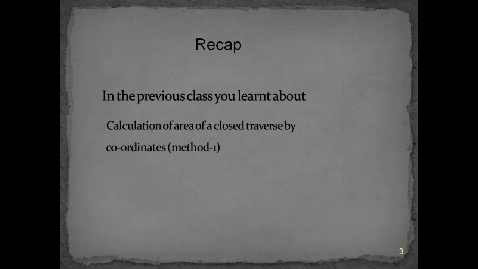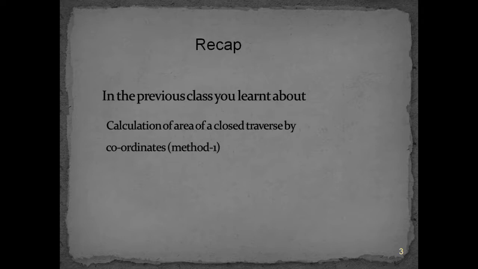We solved one problem on how to find the closing error with respect to its length and its bearing, to know the direction of the closing error. And we also saw the omitted measurements, right?